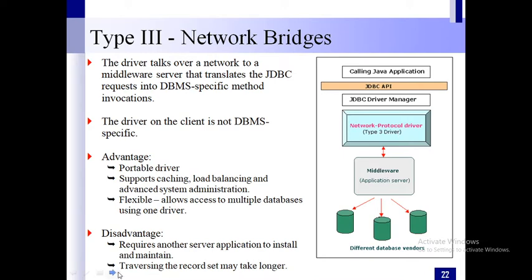Traversing the record set may take longer because it has to go through the application server. And we need to add the application server, so a separate system has to be configured as the application server. That is again another disadvantage.